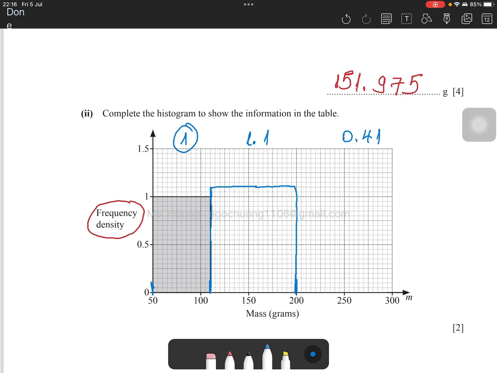And the last interval is from 200 to 300, and the height of this bar is 0.41. 0.4 is here, so 0.41 is a little bit higher than 0.4. So the last bar is like this.